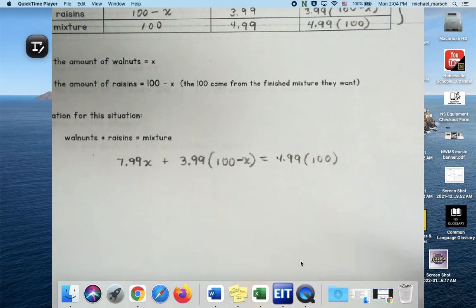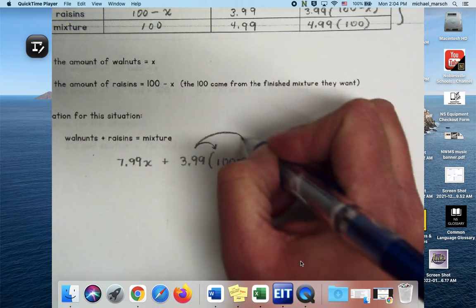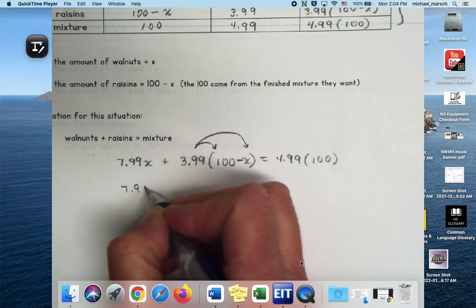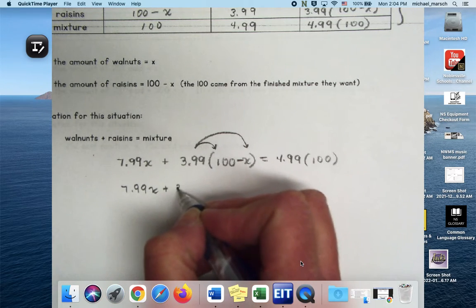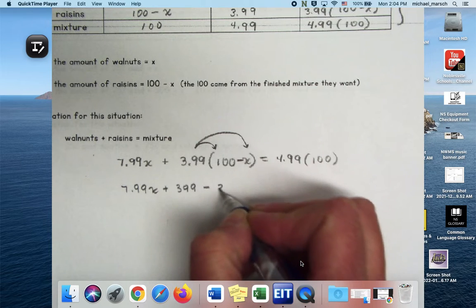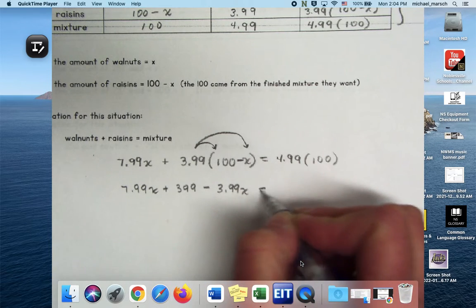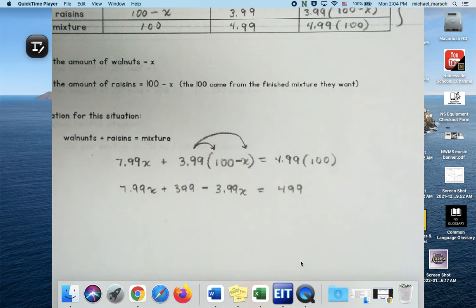Okay, so now we're just going to solve this like a normal equation. First thing I'm going to do is distribute this. So I'm going to get 799x plus 399 minus 399x equals 499. Everybody with me?